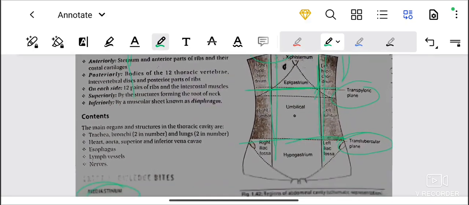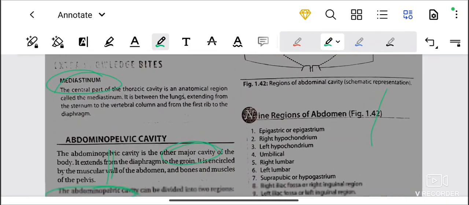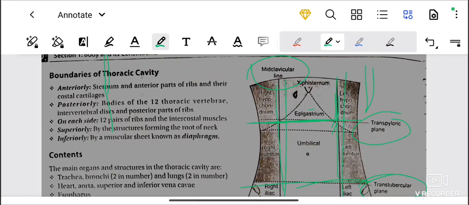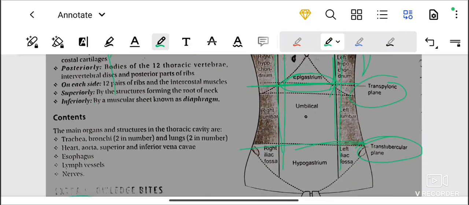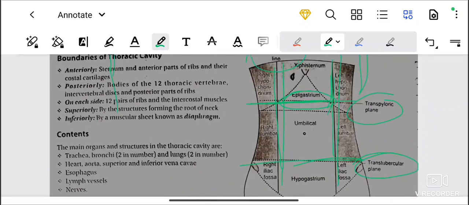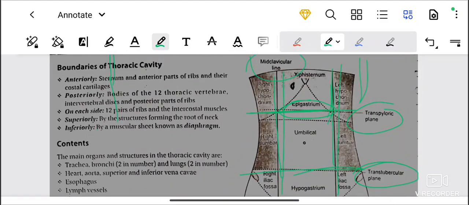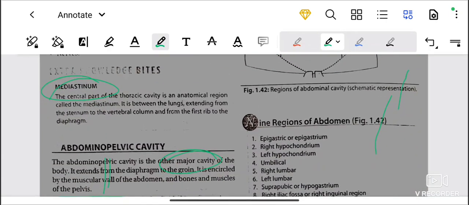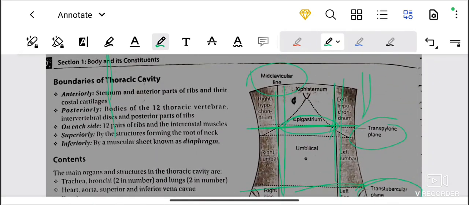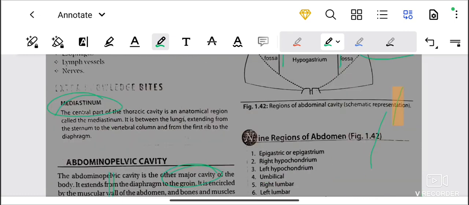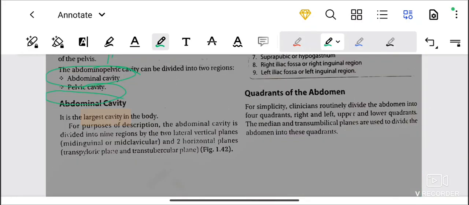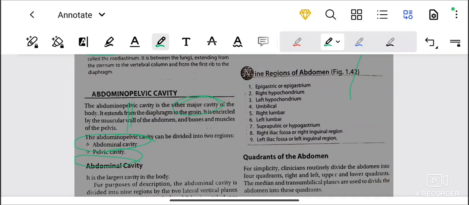And the 9 regions of the abdomen: the epigastrium, which is the region above the stomach area. Then the right and left hypochondrium, this part you can say right and left hypochondrium.